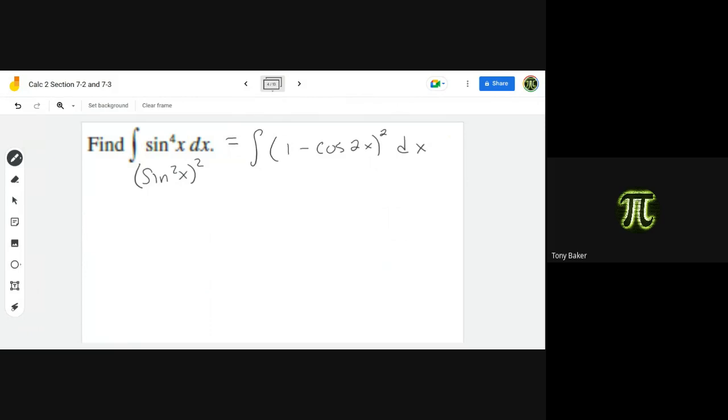So as you can see, all this is just how can I manipulate it to come up with the answer that I want, or an integral that I can do. Now I have to FOIL that out. So I have the integral of 1 minus 2 cosine 2x plus cosine squared 2x dx.